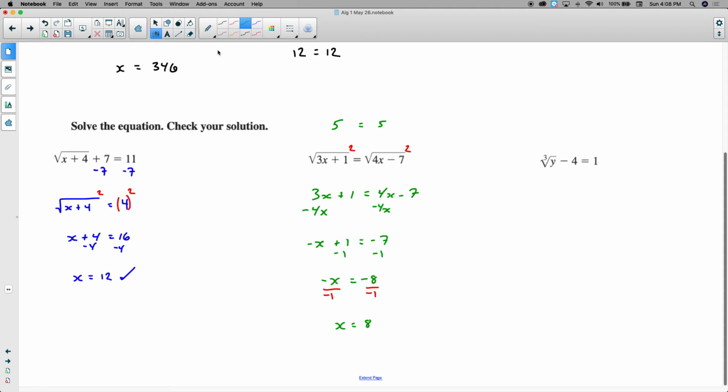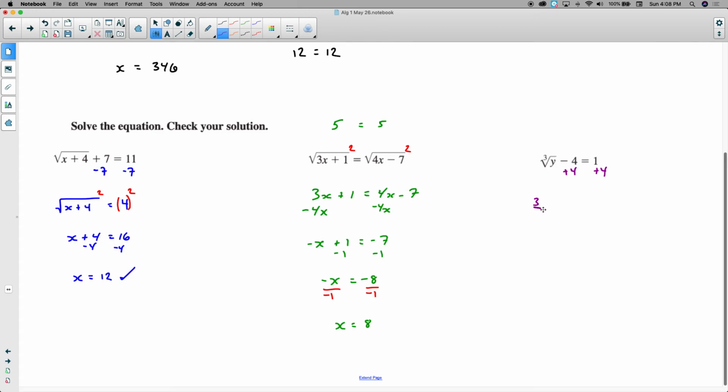All right, and then we've got this last one over here, which is the cubic root of y minus 4 equals 1. I'm going to isolate this cubic root, isolate the radical, by adding 4.